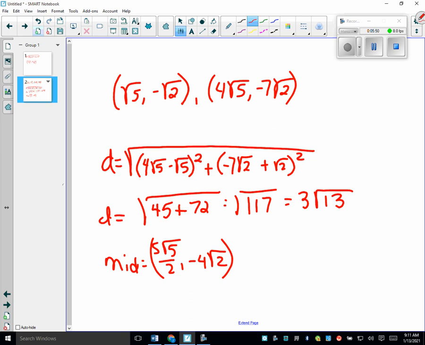So we're just doing distance here. No, we are not. We are also just kind of doing a variety of things to see if you remember.